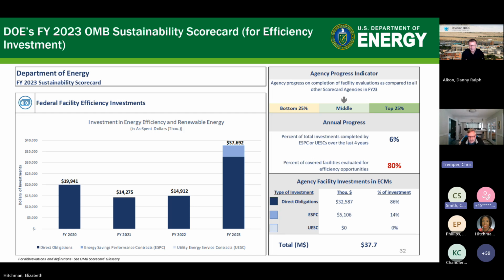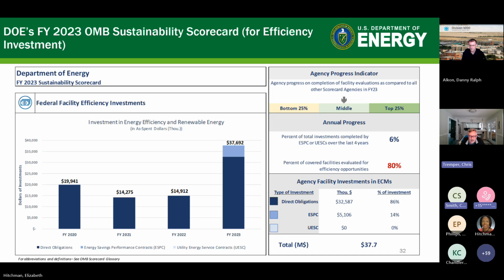That's because one of the key metrics on the scorecard is percent of total investments that were completed through ESPCs or UESCs over the last 4 years. That is only 6%, and that reflects the ESPC that was awarded at NREL for the Flatiron campus, that $5 million project there.